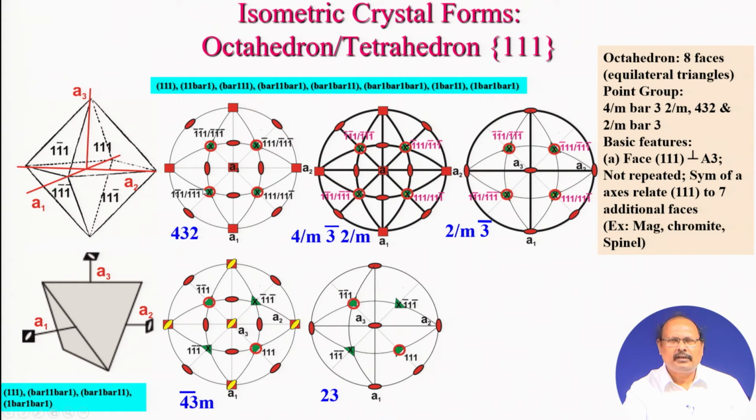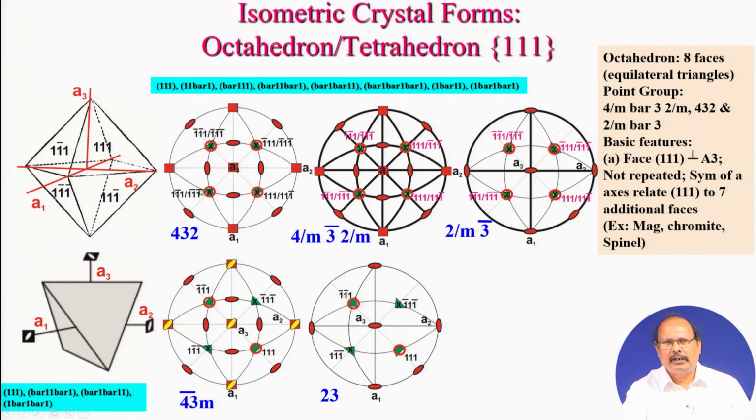And since it is intersecting the negative direction of the A3 axis, its symbol will be a cross here, and the position is that it is also in the negative direction of the A2 axis, but the positive direction of the A1 axis. So, we will just give a nomenclature 1 bar 1 bar 1.